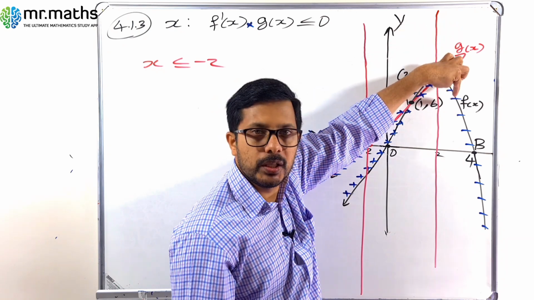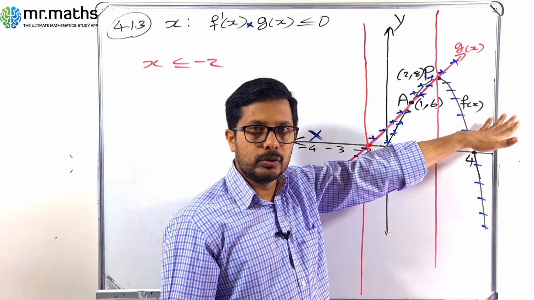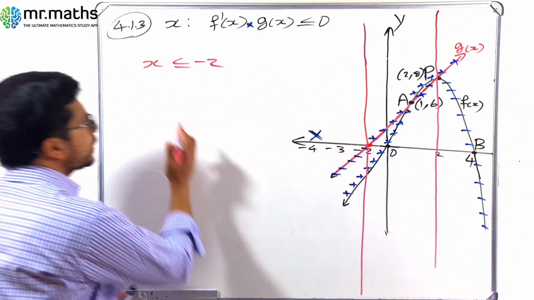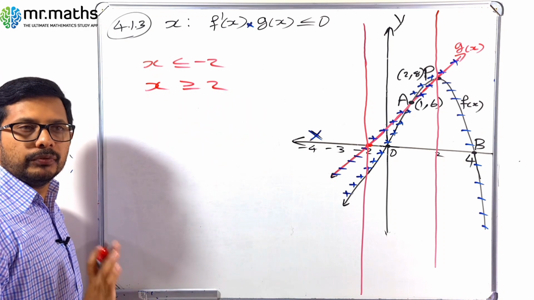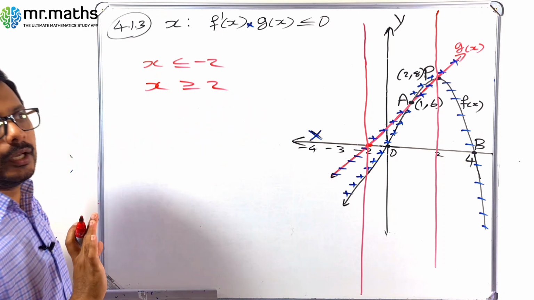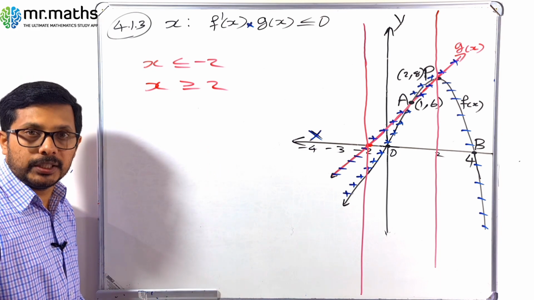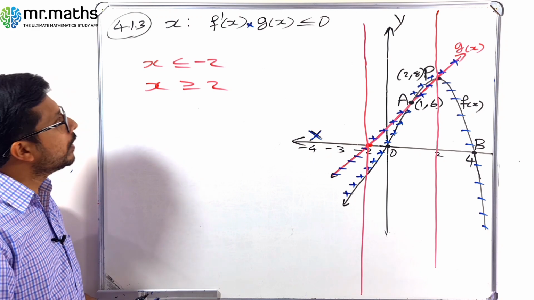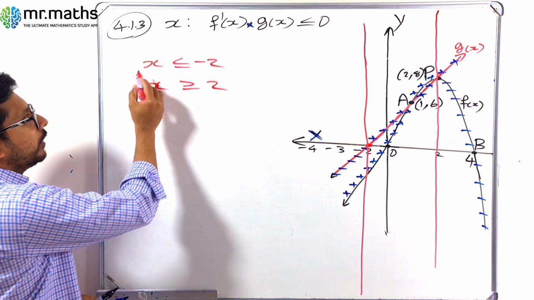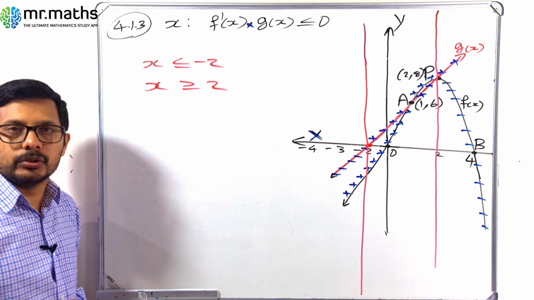Positive times negative is negative, and x is greater than or equal to 2. So the second answer is x is greater than or equal to positive 2. When the value of x is bigger than 2, it is positive and negative, so negative. Okay, so there are two answers: either x is less than or equal to -2, or x is greater than or equal to 2.